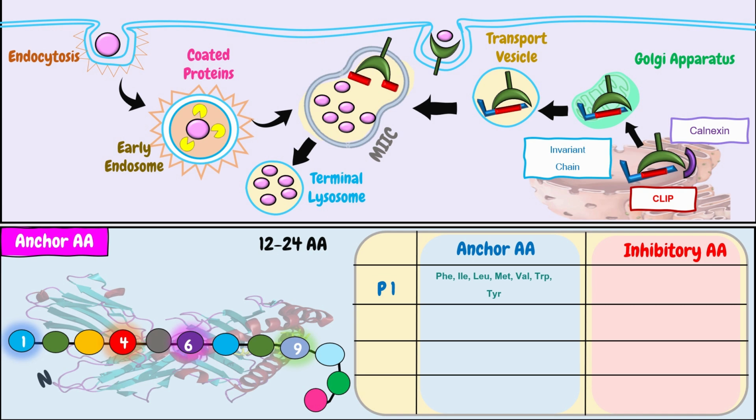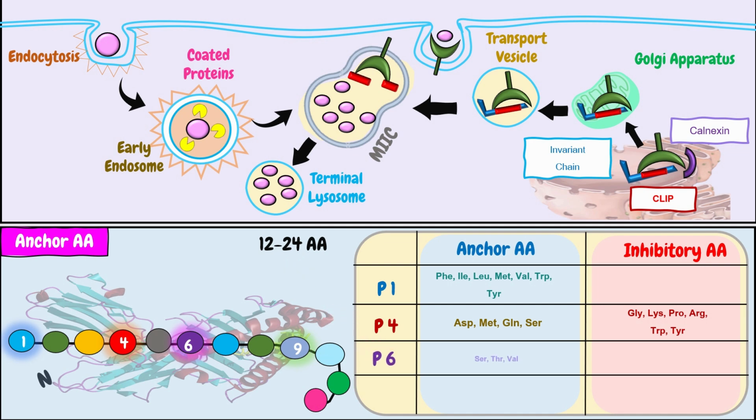At position 1, phenylalanine, isoleucine, leucine, methionine, tryptophan, and tyrosine are anchor amino acids. At position 4, aspartate, methionine, glutamine, and serine are anchor amino acids, and inhibitory amino acids for position 4 are glycine, lysine, proline, arginine, tryptophan, and tyrosine.